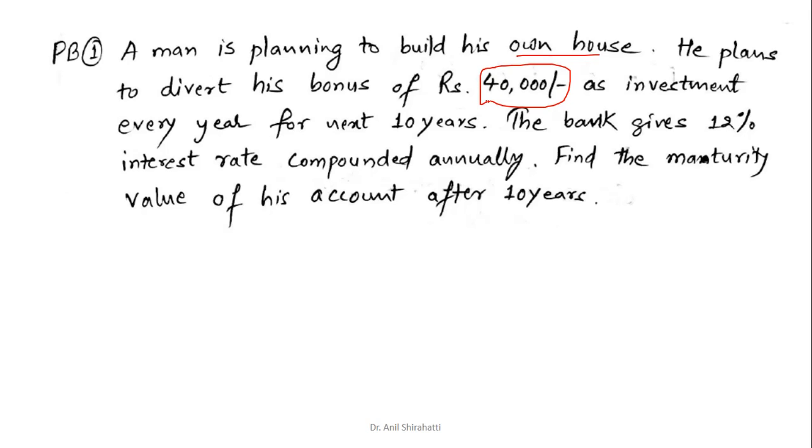At the end of every year he will invest for the next 10 years in a bank, and the rate of interest he is getting is 12%. And you have to find the maturity amount value at the end of the 10 years.